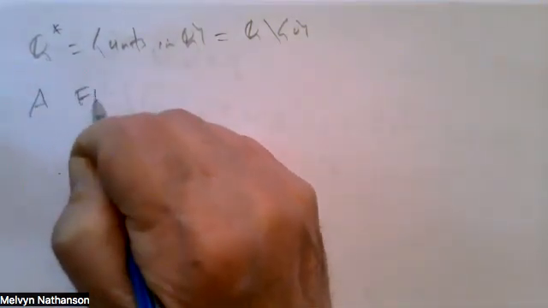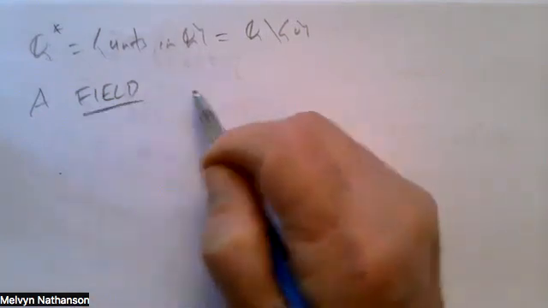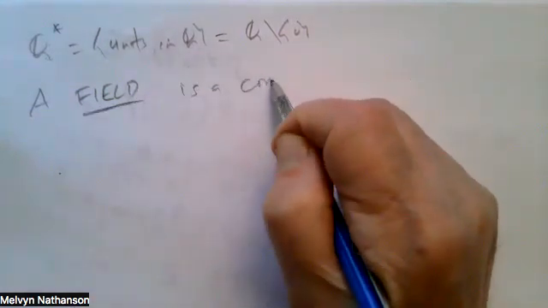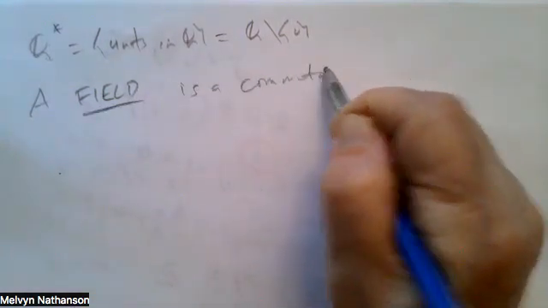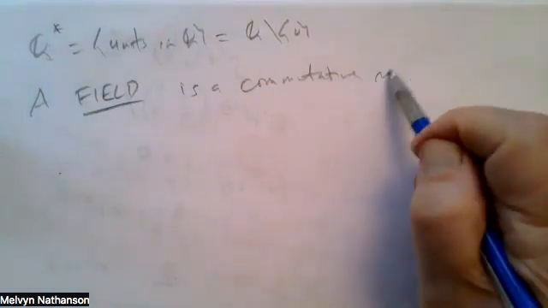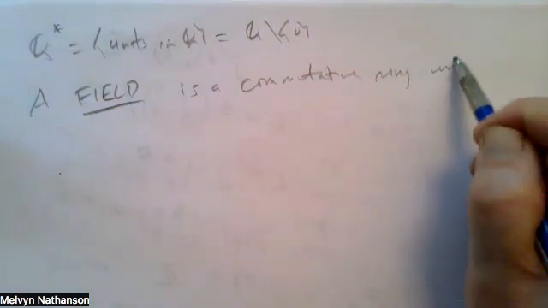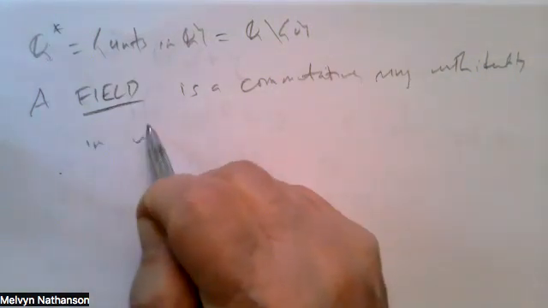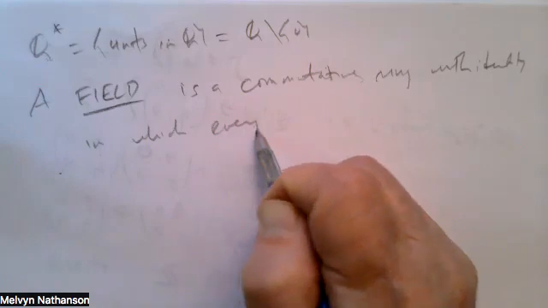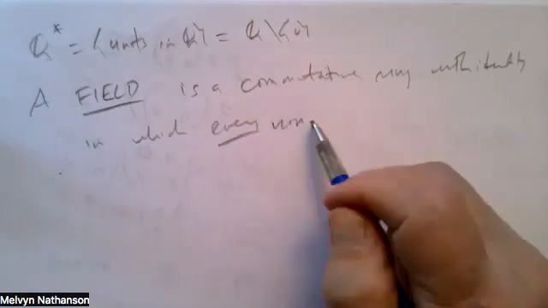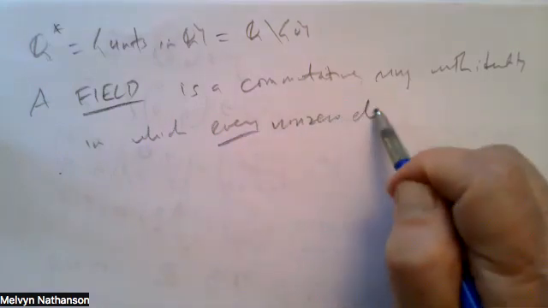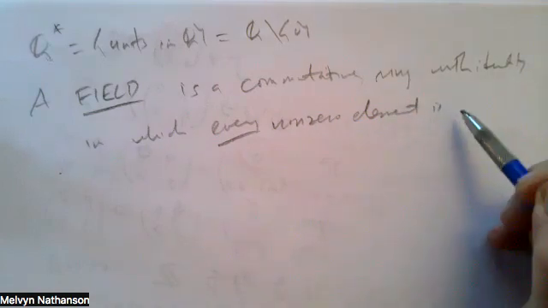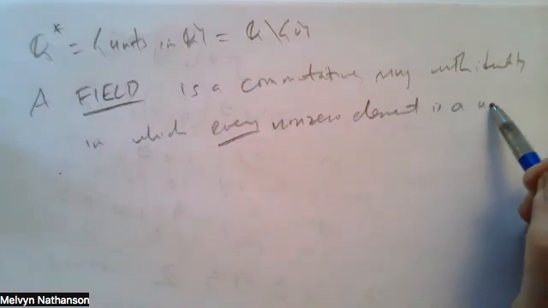And what is called a field is a commutative ring, so multiplication is commutative, with an identity in which every non-zero element is invertible, is a unit.